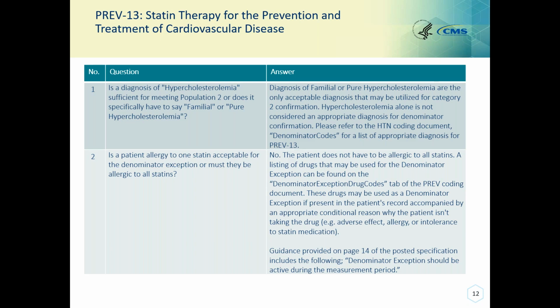These drugs may be used as a denominator exception if present in the patient's medical record, accompanied by an appropriate conditional reason why the patient isn't taking the drug, for example, adverse effect, allergy, or intolerance to statin medication. There is guidance provided on page 14 of the posted specification, which includes the following. Denominator exceptions should be active during the measurement period. Next slide, please.